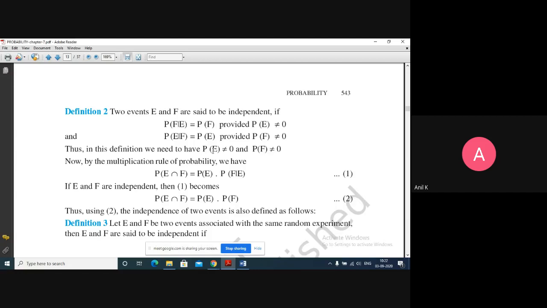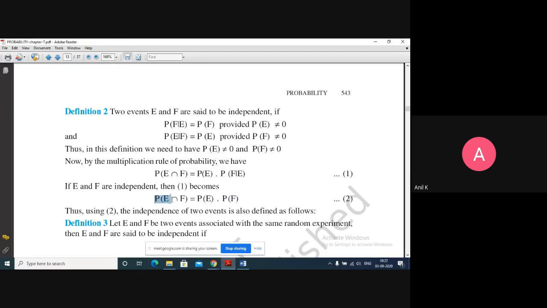So in that case, the formulas will be a little bit rectified here. We discussed the multiplication theorem of probability just now: probability of E intersection F equals P of E into P of F slash E. If it is an independent event, P of F slash E is nothing but P of F only.